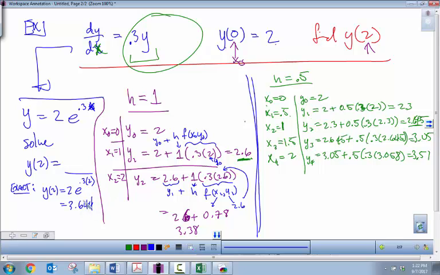So this should be the exact value. The first time we got 3.38, the next time we got 3.51, so it looks like we might be getting a little closer.